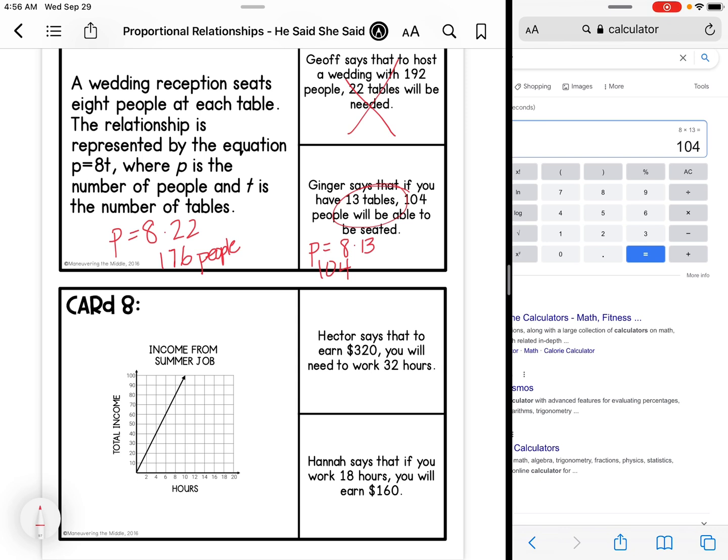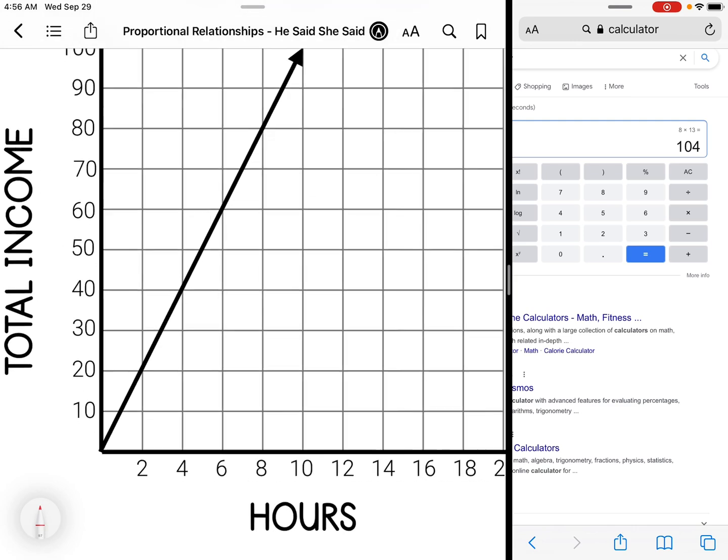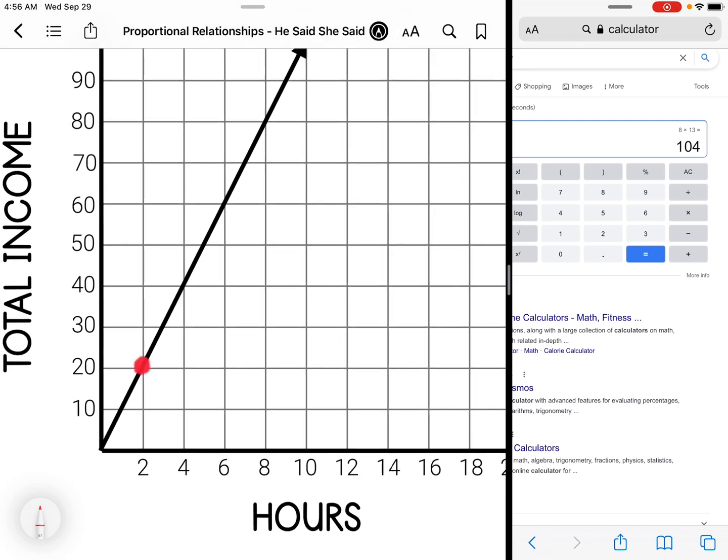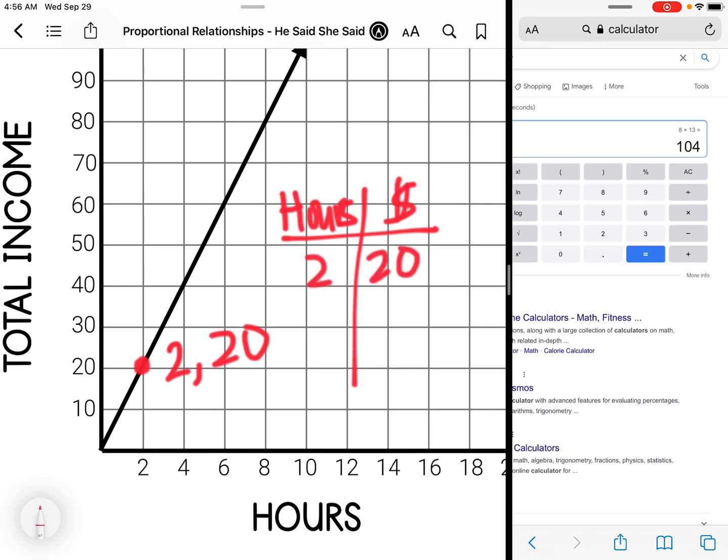The next one says Hector says that you'll earn $320 for 32 hours of work. Hannah says if you work 18 hours, you'll earn 160. So I'm pulling that point because it's in the crosshair. I know that that's 2 and 20. So that's hours and the amount of money. So 2 hours for 20.